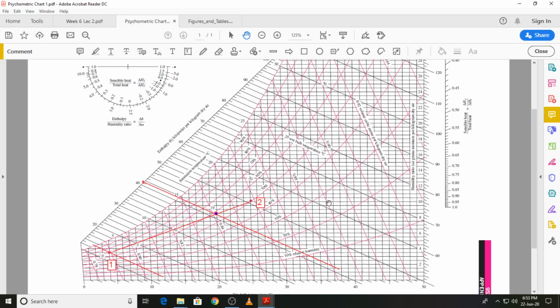And you can see I have now located state 3 on the psychrometric chart.